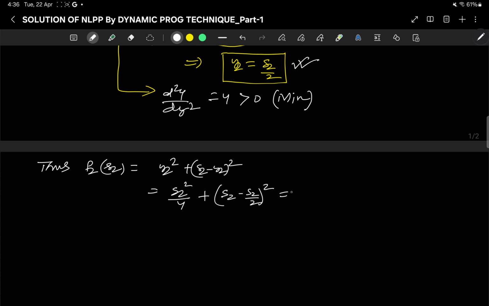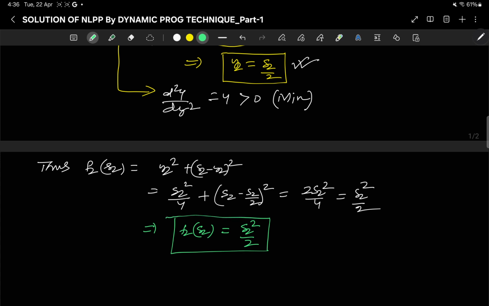So this is 2 s2 square by 4, which is s2 square by 2. So my minimized f2(s2) is s2 square by 2.